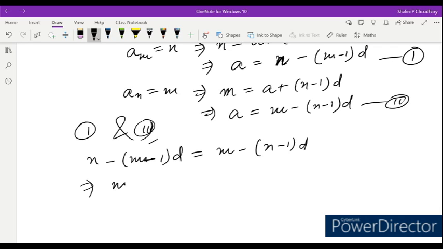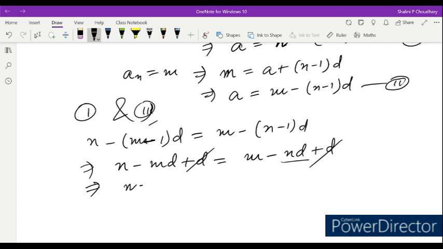n minus md minus minus plus d is equal to m minus nd minus minus plus d. ये dd cancel. Okay, n minus m will be equal to md minus nd.